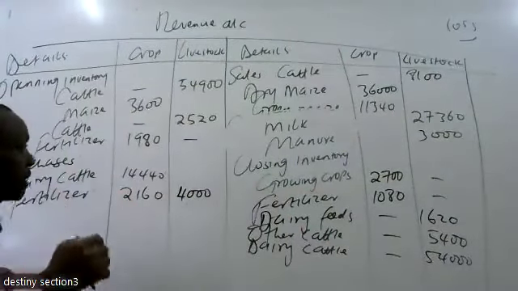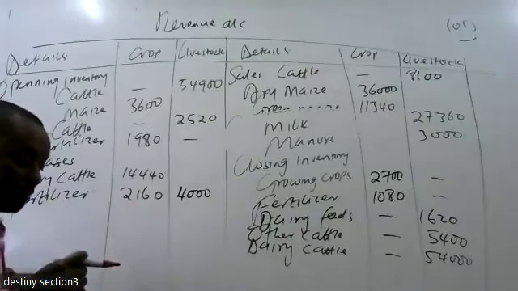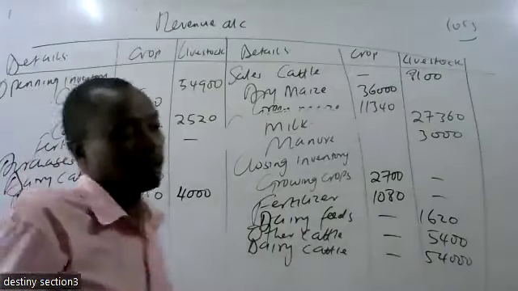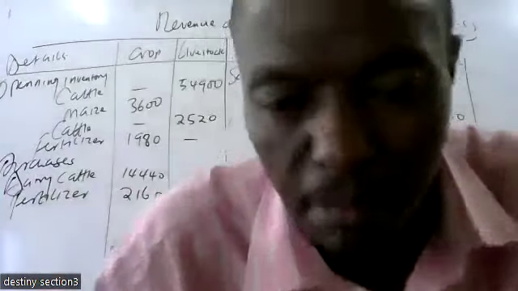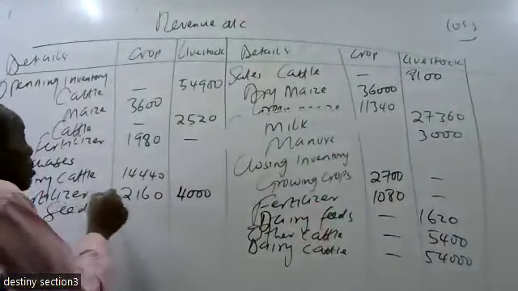What else? Maize seeds 1080. Good. It goes to crop.